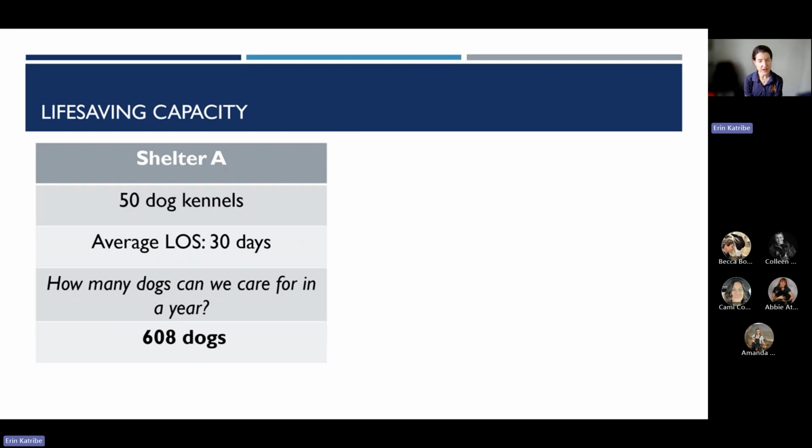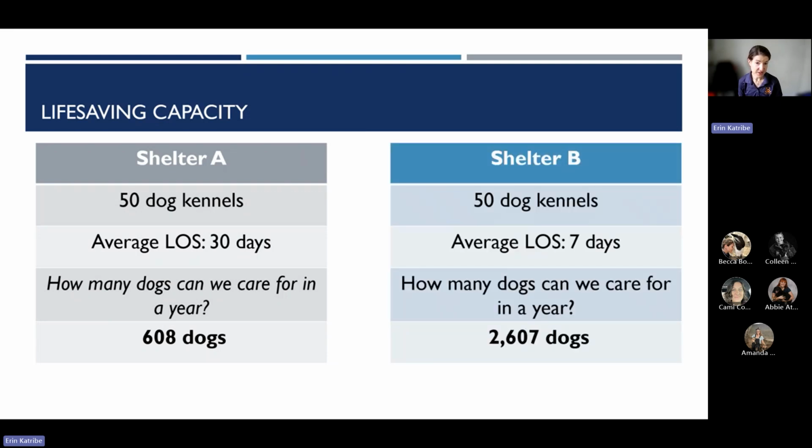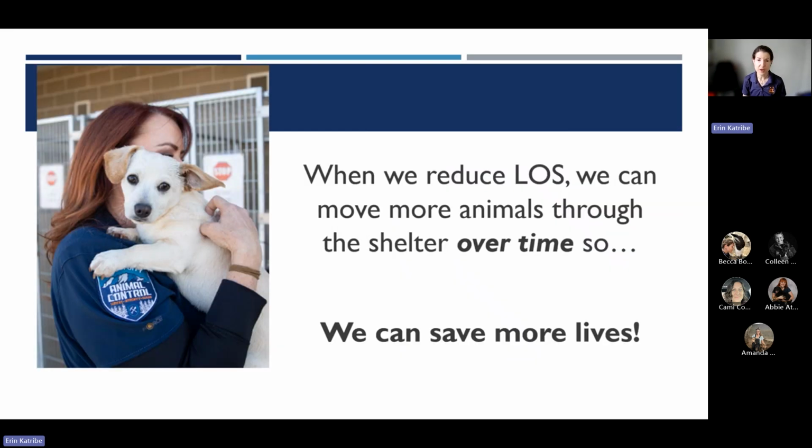If animals in their care are staying for 30 days, they can care for 608 dogs over the course of that year. Now, if they reduce their length of stay to 7 days, they can care for over 2,600 dogs in that year, right? And so when we think about capacity over time, when we reduce our length of stay, we can move more animals through that system over time, and so we can save more lives.